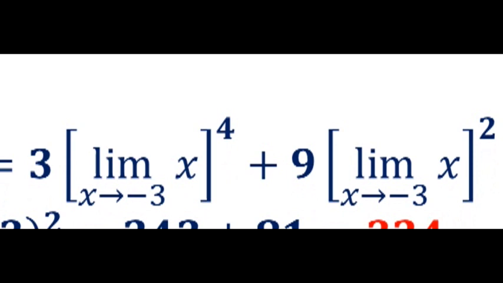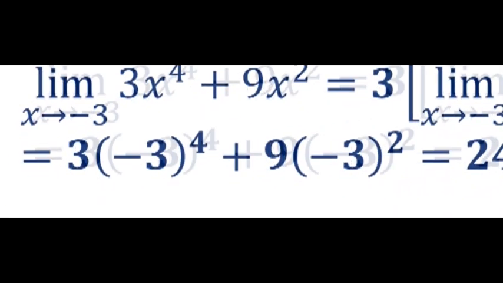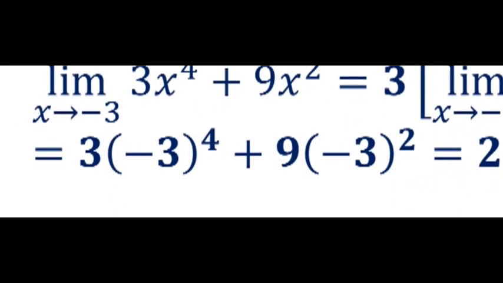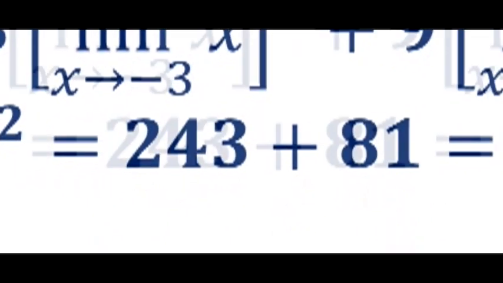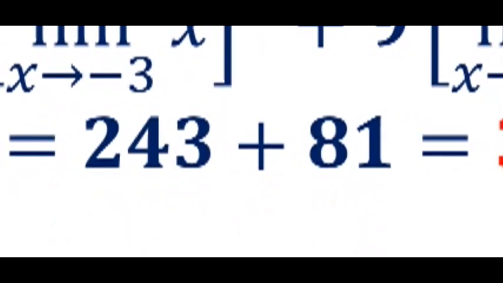The same as the second term, 9 is the constant, that's why I move it in front, and then simplify. So the limit of x as x approaches negative 3 is negative 3, the same thing as the second term. And then simplify. 3 times negative 3 raised to 4 gives us 243, and then the second term, 9 times the square of negative 3 gives us 81.